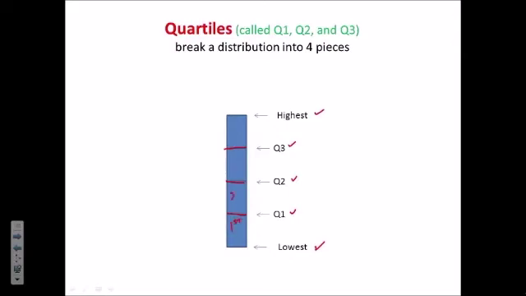We call this group of scores the second quartile. These make up the third quartile, and the highest scores in this top quarter are in the fourth quartile. If your child's teacher says your child is in the 4th quartile in English, well, that means your child has a very high score.